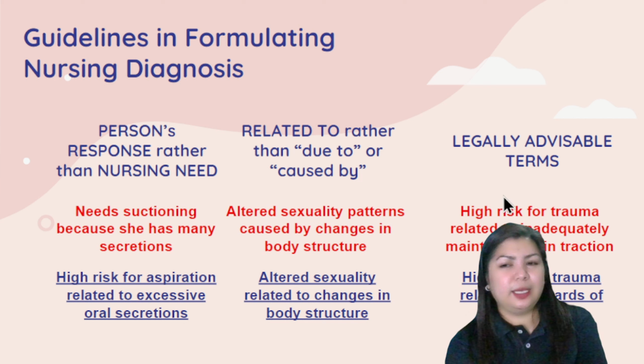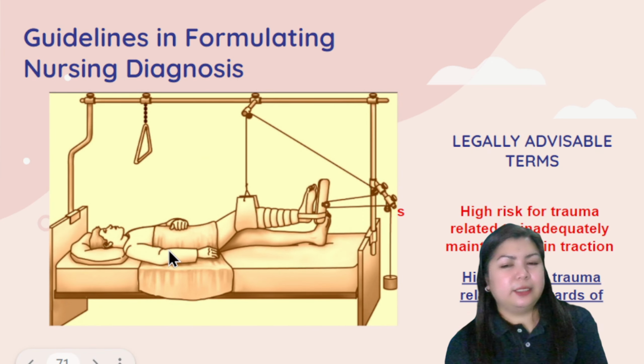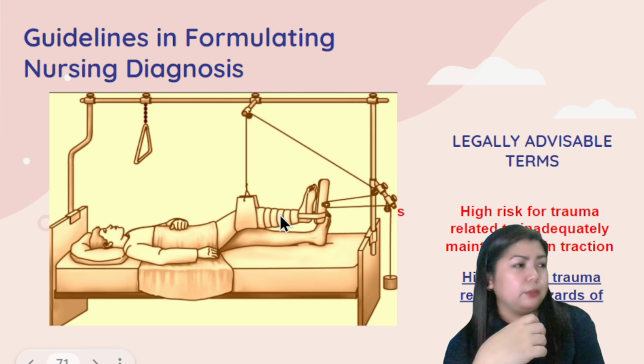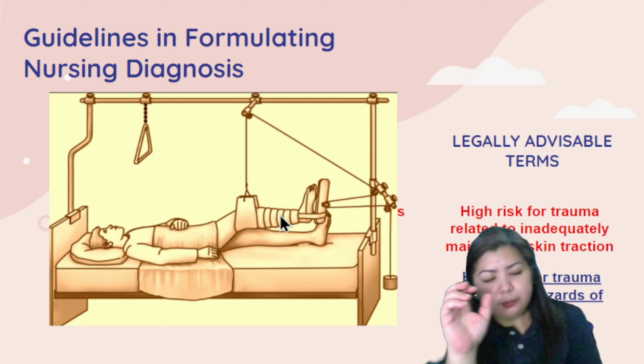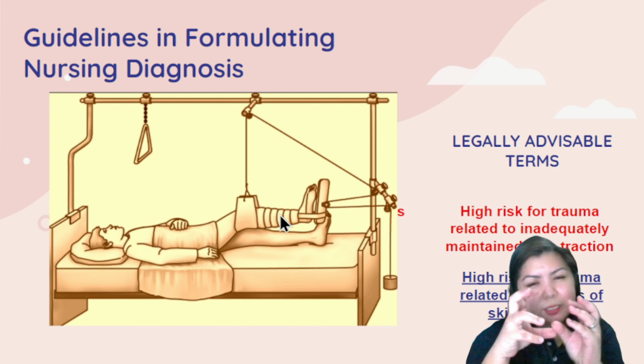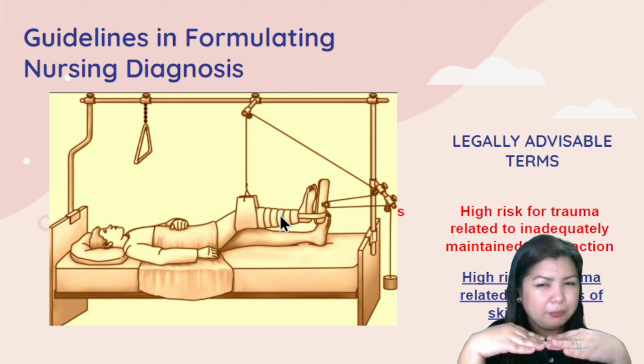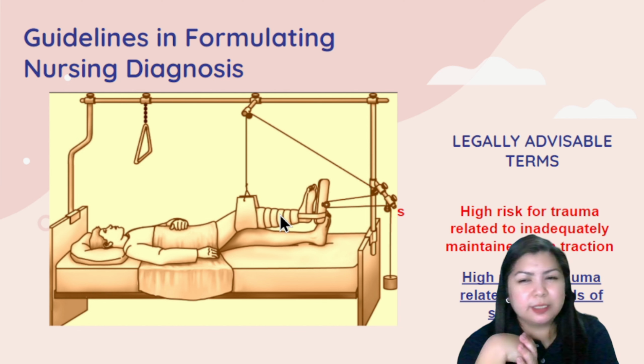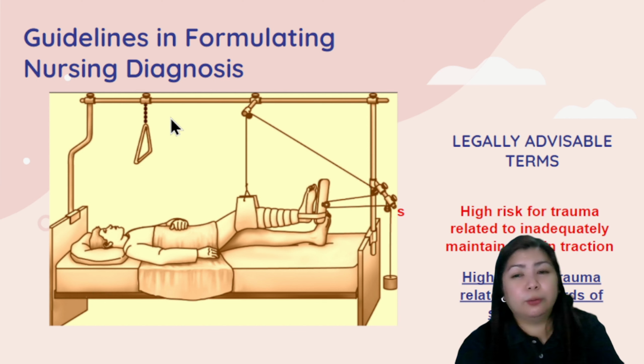So what's a skin traction? Okay. Example, a patient had a fracture. If a patient had a fracture, maybe the bones were not that fully disconnected or not that fully crushed, I just need to maintain or realign them. Okay, the patient may be placed on a skin traction and an orthobed.